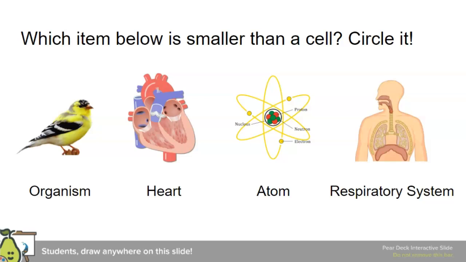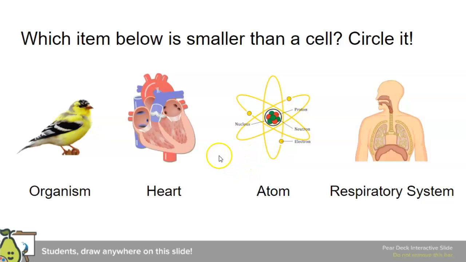If you take a look at these pictures, which do you think would be smaller than a cell? You might remember from 8th grade that the periodic table is made up of atoms and elements. These are really, really tiny. Sometimes in biology it's hard to figure out how big something is because a lot of stuff we talk about is really tiny. Well, atoms and elements like carbon, hydrogen, oxygen, all of those make up a cell.